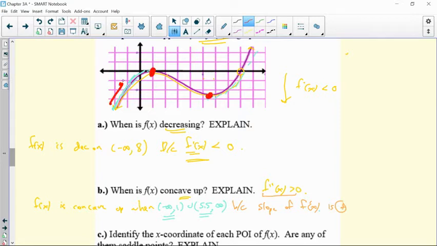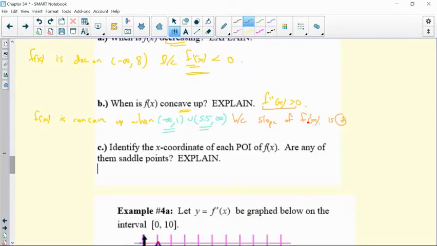Because here's where the slope was positive, here's where the slope is negative, here's where the slope is positive. So I know that 1 and 5.5, those transition points where we're changing from concave up to concave down or vice versa, are my points of inflection. So to identify them, I'd say, okay, yes, x equals 1 and 5.5.